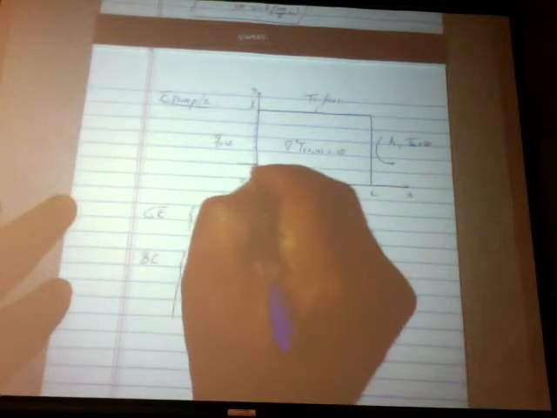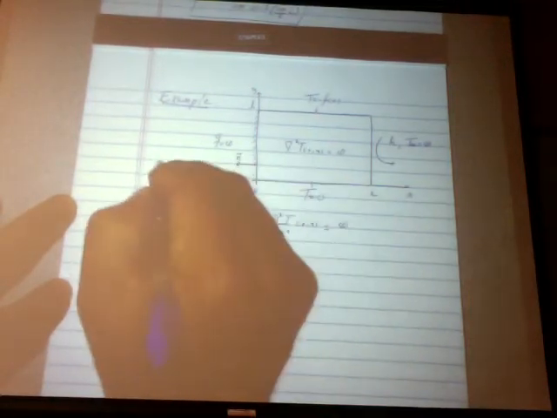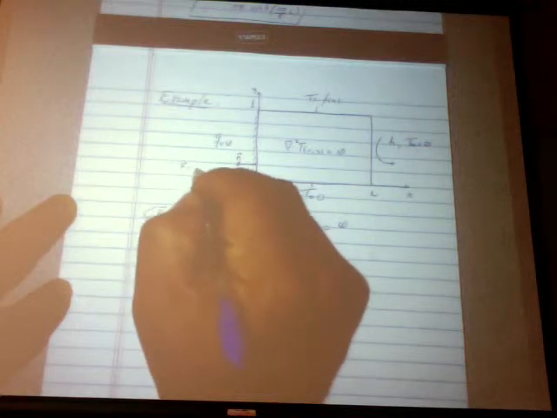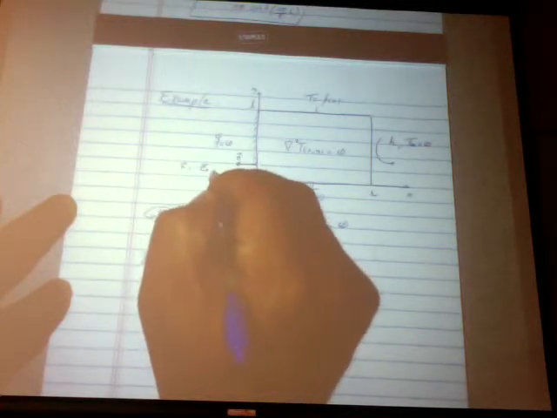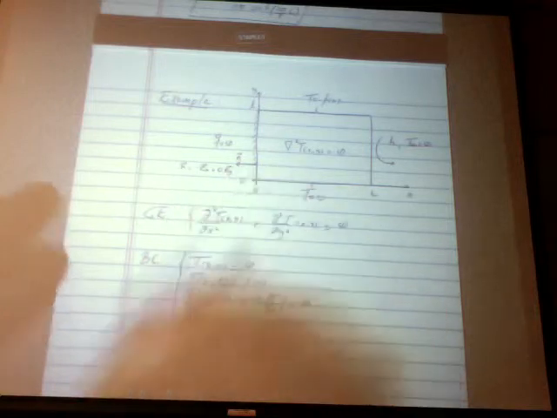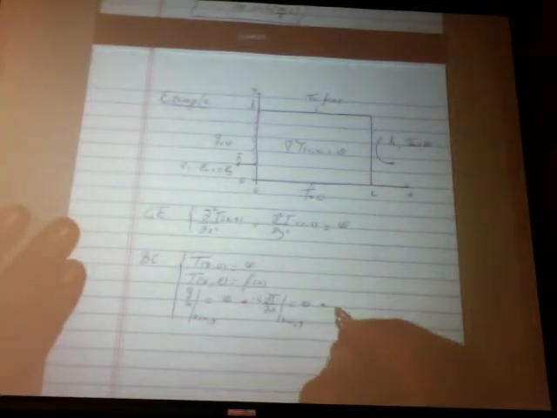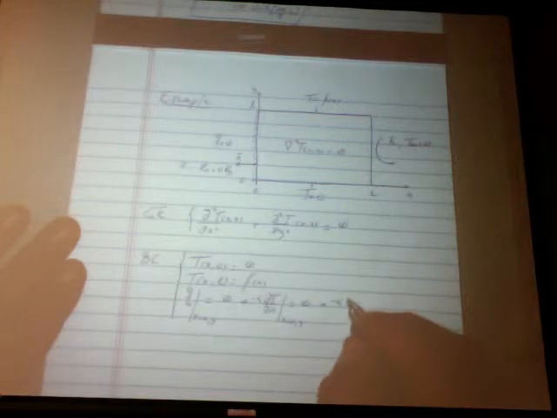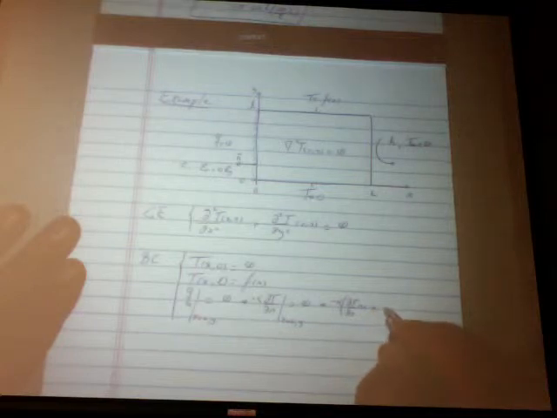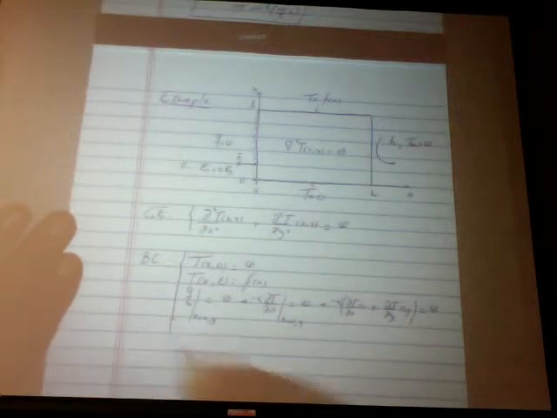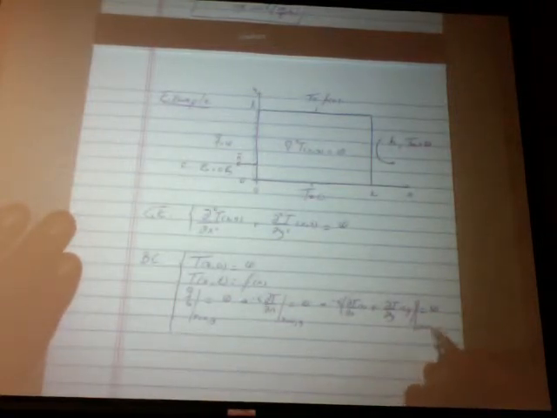Now, what is the normal vector on this wall? The normal vector here is minus 1 in the x direction plus 0 in the y direction. So that will be minus k times dT dx times nx plus dT dy times ny is equal to 0. And this is occurring at x equals 0, y.